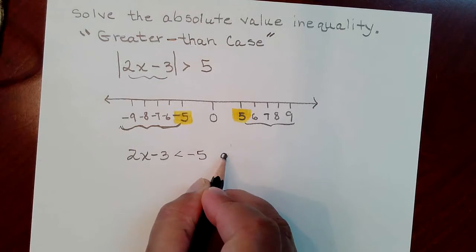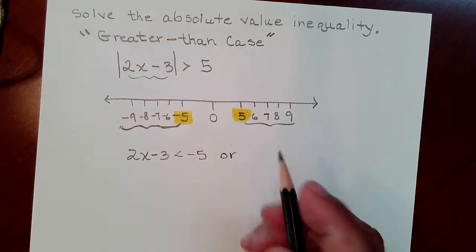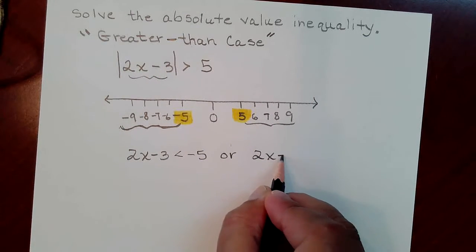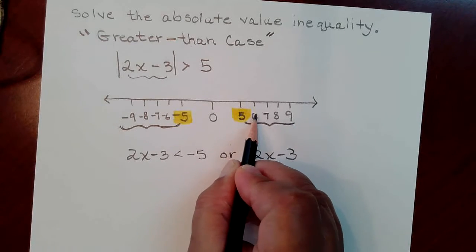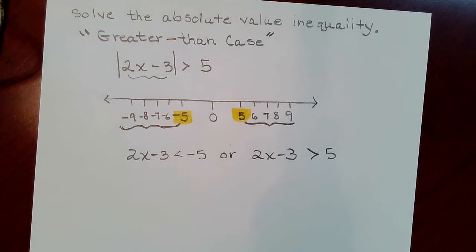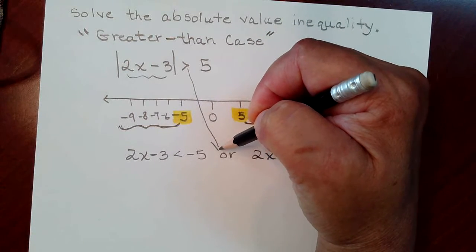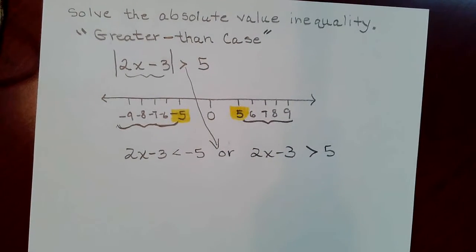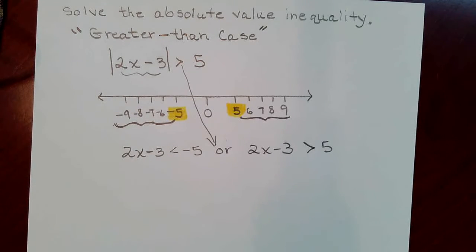Or if you want this to be a true statement, the quantity inside here can be anything in this area, which are all the numbers greater than 5. And so greater than is always solved as an OR case. There will always be two different areas that satisfy the original greater than inequality.